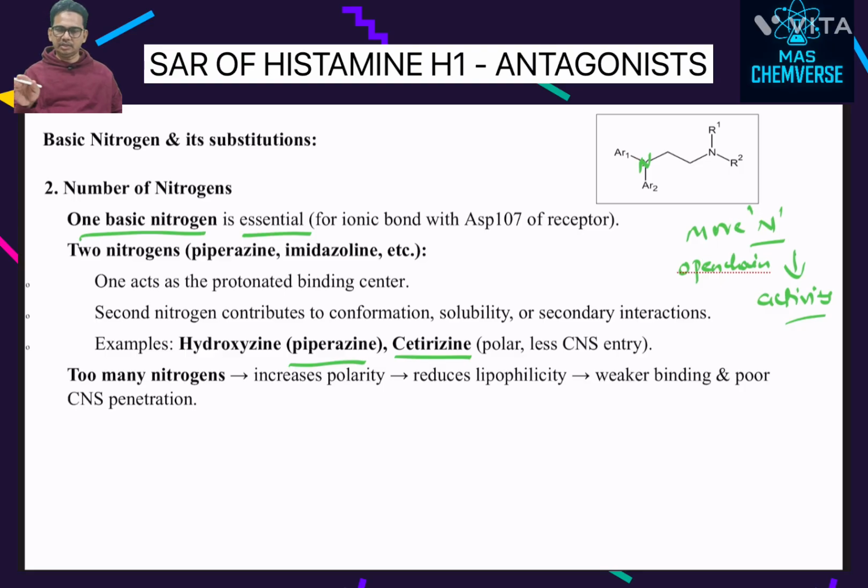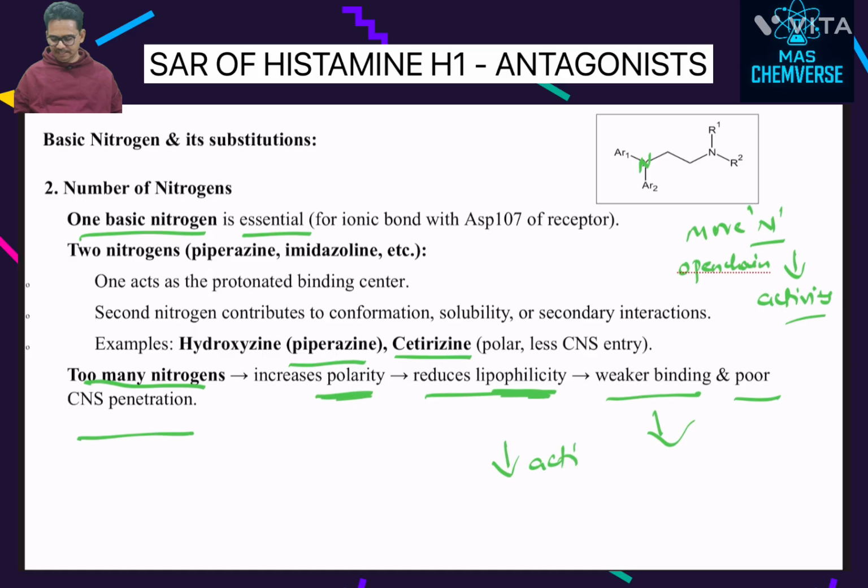That's why it is not going to easily penetrate into the central nervous system. Too many nitrogens increase the polarity, reduce the lipophilicity, and decrease binding affinity. It means poor penetration into the CNS, which means less activity.